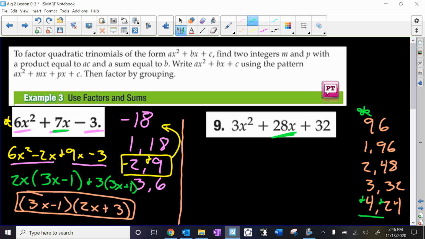So those are the factors that I'm going to use. I'm going to split my middle term using them. So 3x squared plus, I'm going to go 24x first. It doesn't matter, you could go either plus 4x then plus 24x or plus 24x then 4x.